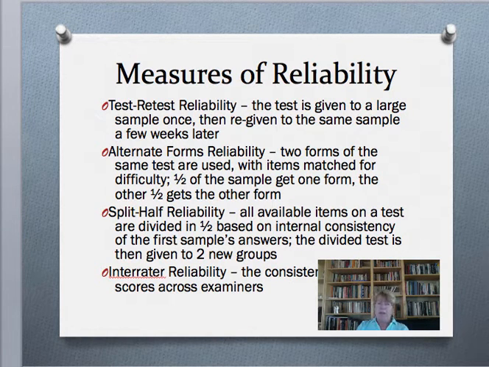And if it's a reliable test, wouldn't you expect people to get similar scores the first time they took the test as they do the second time they took the test, because there's only a short period of time in between. They don't have a lot of time to learn something new. There's enough time in between the two tests to allow them to forget about everything that was on the first test.